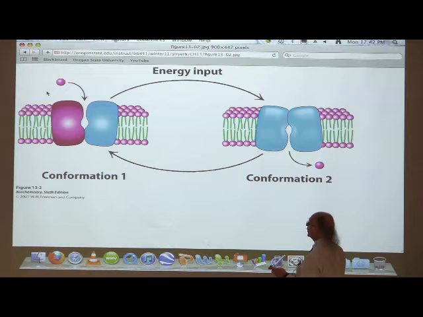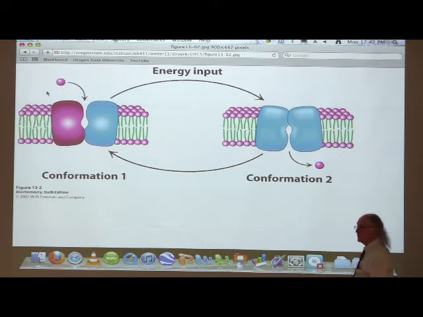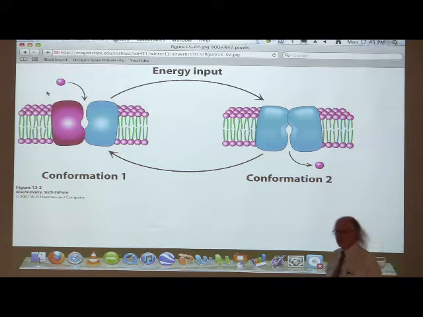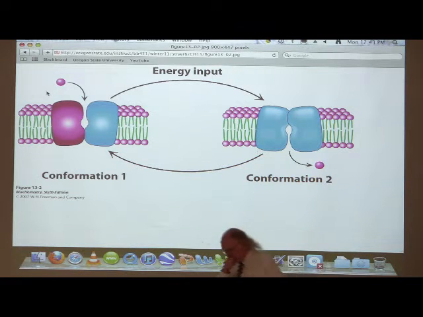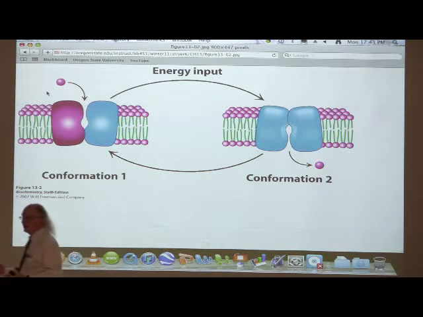Here's a molecule on the outside that comes into this chamber, and the entry of this molecule causes, in this case, a slight conformational change, which causes it now to open on the inside, and the little guy comes squirting in. Okay? That is a very simple mechanism by which a molecule can enter through a protein.